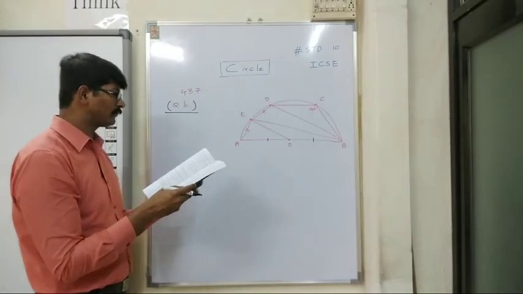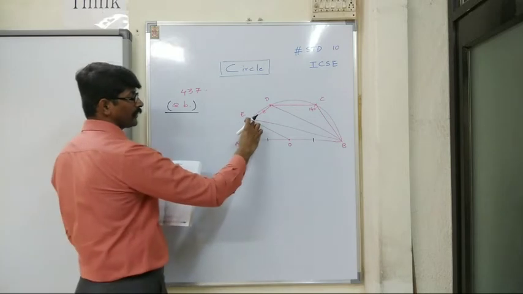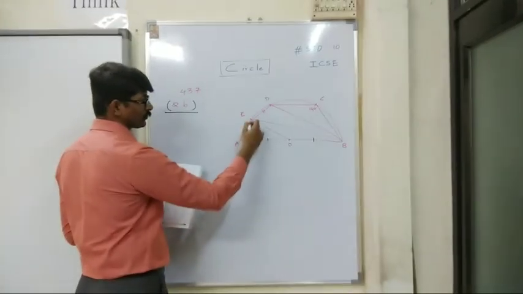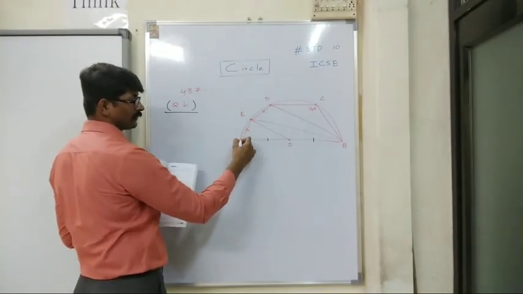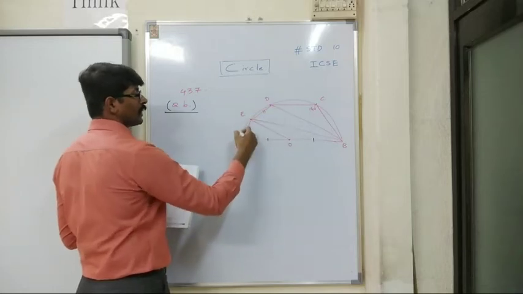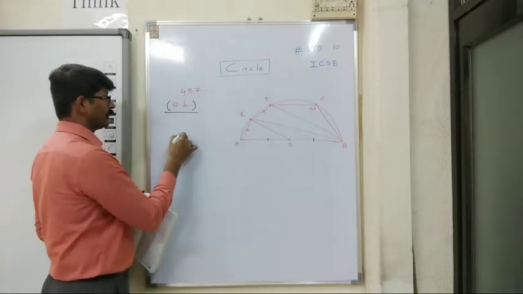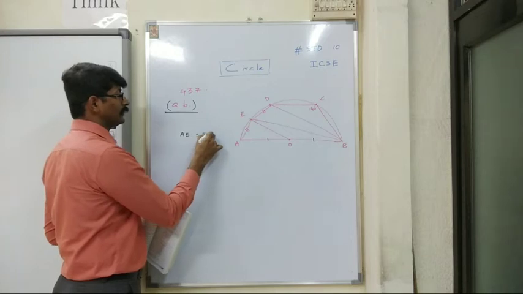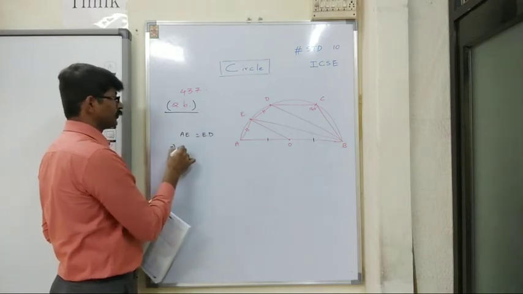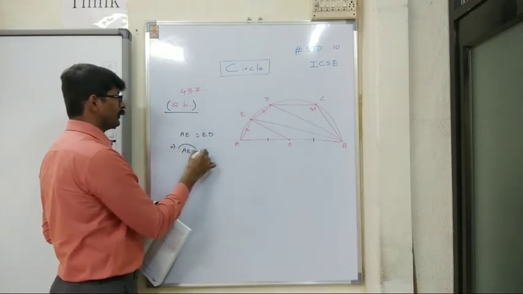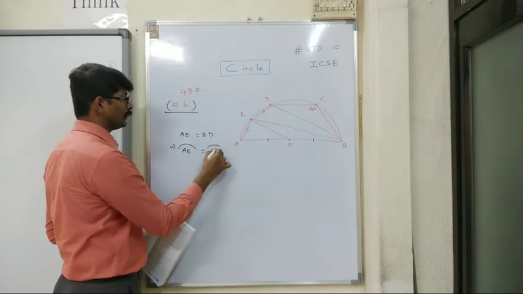If EA is equal to ED, that means if the chords are equal, students understand, if the chords are equal, the arcs are also equal. If AE is equal to ED, this implies arc AE is equal to arc ED.